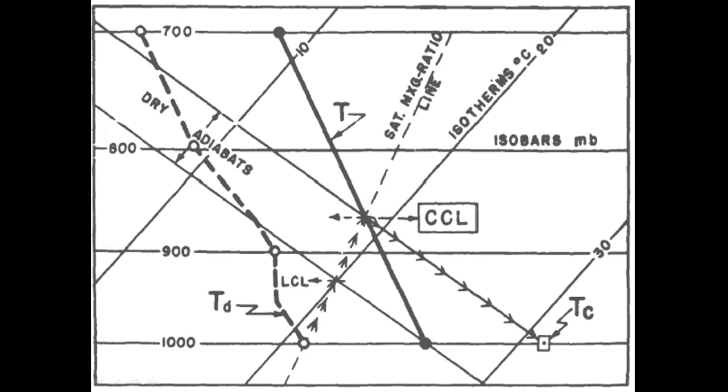All right, the T sub C in the right hand bottom corner is the convective temperature. So if you go from the CCL, follow it dry adiabatically down to the surface temperature, then that is the temperature the surface would have to reach for convection to occur.